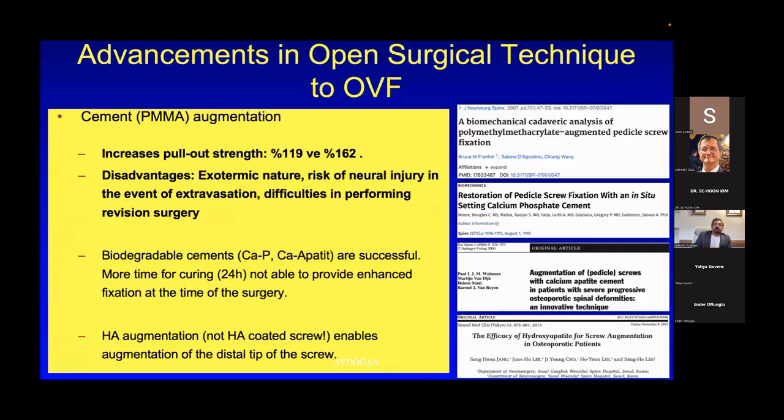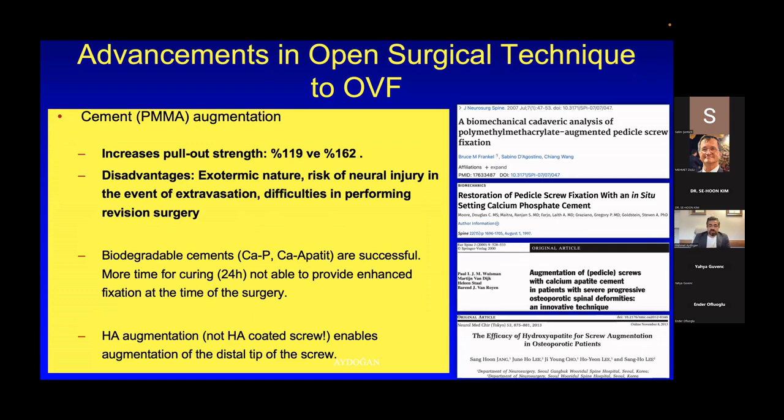So cement augmentation is a popular topic about prevention of the problems. Cement augmentation increases the screws' pull-out strength by more than 100%. And disadvantages, as you know, are the exothermic nature, risk of neural injury, the event of extravasation, and difficulties in performing revision surgery.